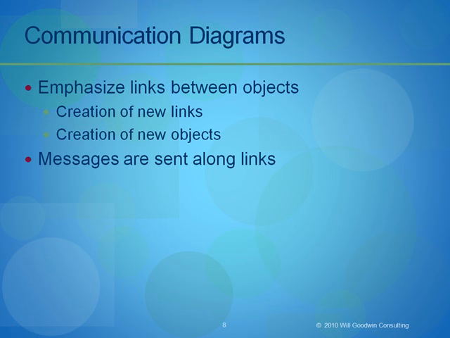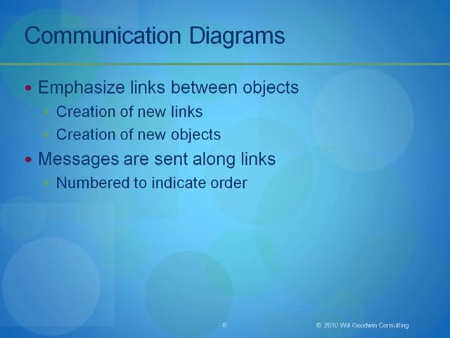The requirement on communication diagrams is that in order to send a message, there must be a link going to the object that you want to send the message to. So the links really represent communication pathways. You have to establish the link before you can send the message. But the big problem on communication diagrams is what is the order in which these messages are being sent. There's no time axis, so there's no time ordering that way.